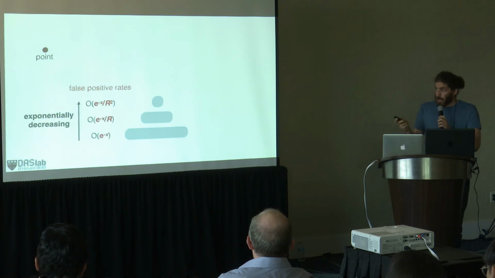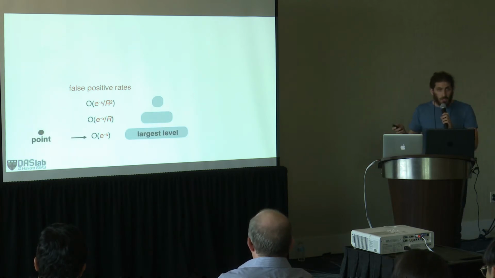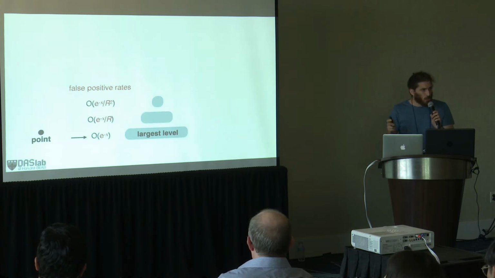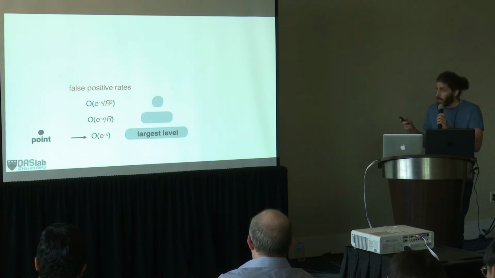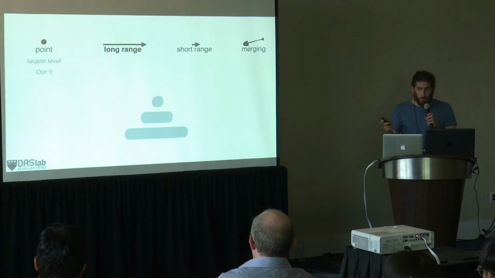For point lookups, we already know from Monkey that the false positive rates are exponentially decreasing for smaller levels. That means point lookup cost is generally dominated by access to the largest level of the tree, because access to that level is exponentially more probable. So point lookups derive most of their cost from the largest level.